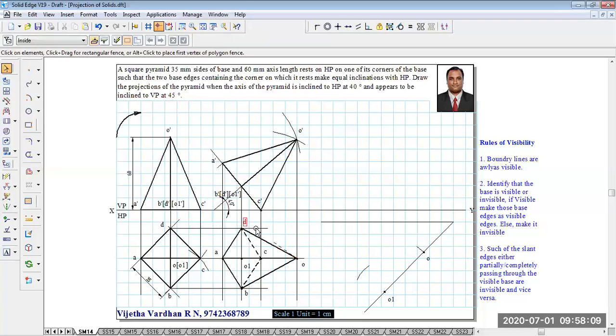With O as the center, without changing the radius, draw an arc here. The intersection point is marked as D. In the same fashion, obtain A, B, and C, and I'm going to complete it and show it to you in the video.